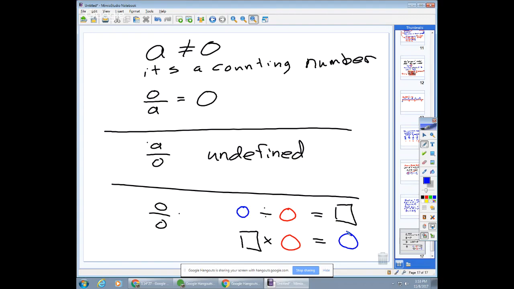So there might be a test question where I ask you to explain what's wrong with 0 divided by 0, or what's wrong with 7 divided by 0. And then I want you to think about one of the models and just explain why it can't possibly be. And so here, there's no unique answer. And in arithmetic, there's got to be a unique answer.